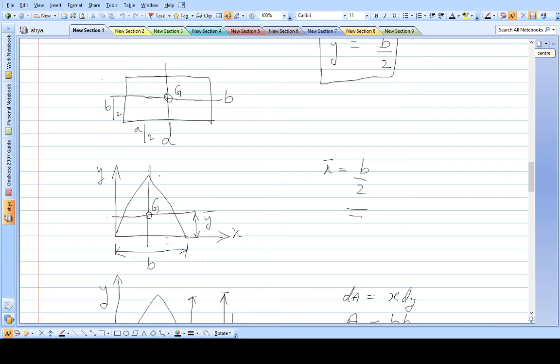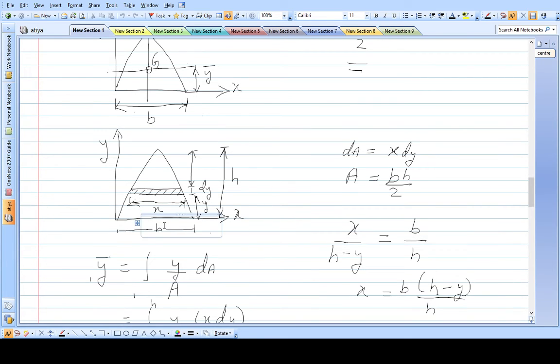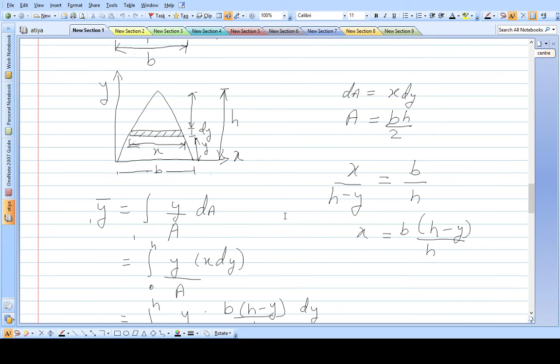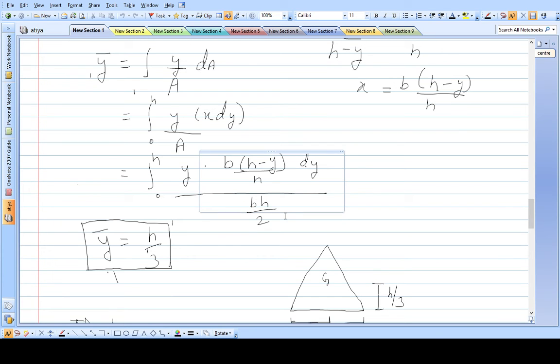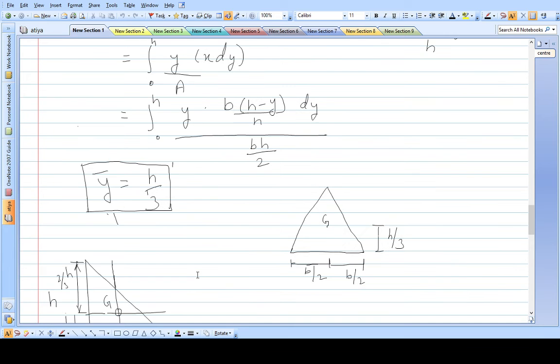Similarly, if we apply the formula for the triangle, we get x bar at b by 2, and again taking the strip parallel to the base and applying the formula, we get y bar equals h by 3.